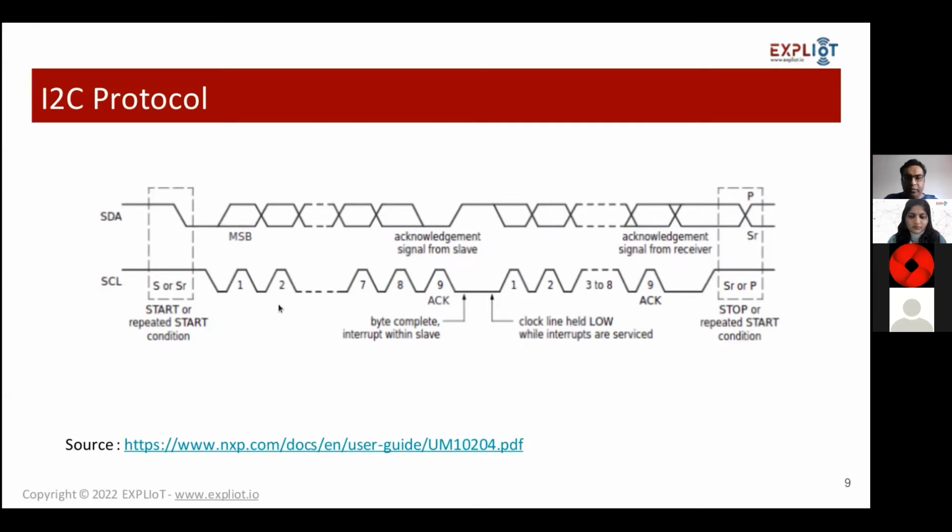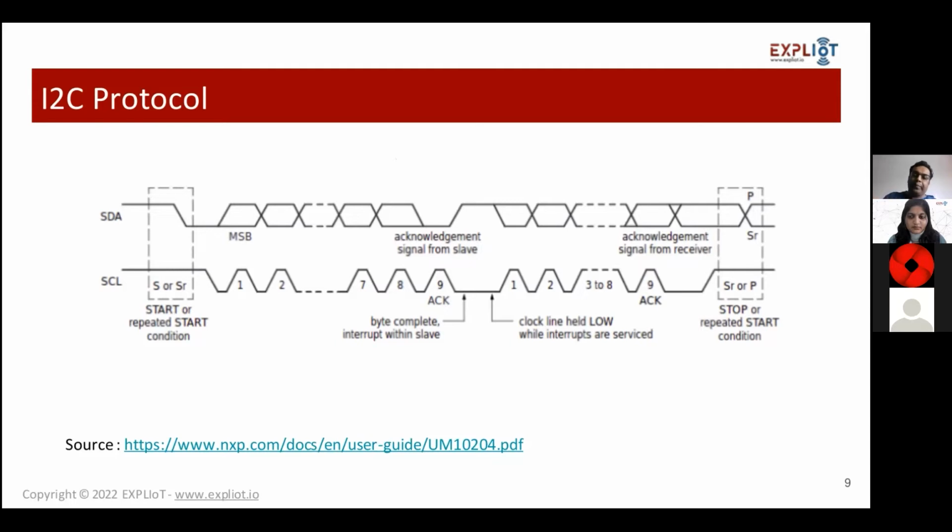So assume that for each clock pulse we are sending this data: 7 bits of address and the last bit for read/write. Once this byte has been communicated properly to the slave, there is something called an acknowledgement. The slave sends an acknowledgement that, okay, I have got this data properly, and you can continue with the next part. So this way, the communication has begun.